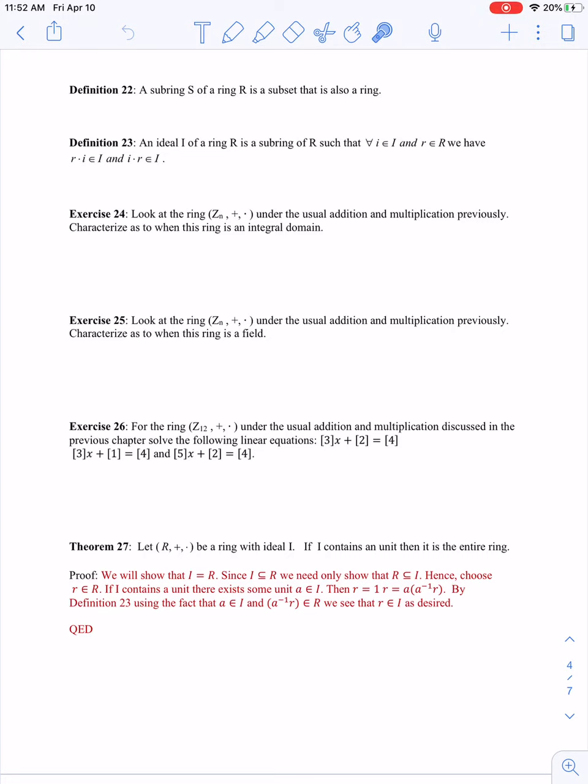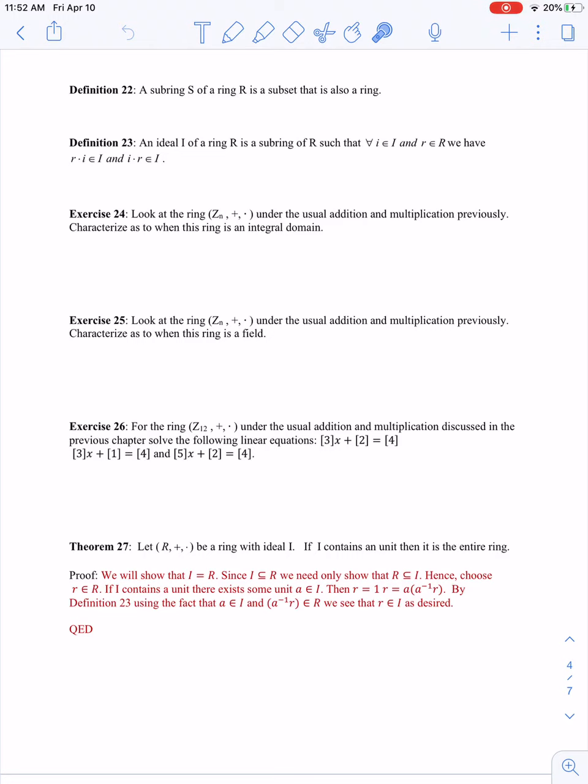Well, arithmetic works the same under Z12, aside from the fact that some elements, namely 3 in Z12, do not have multiplicative inverses. And if they do not have multiplicative inverses, then you just can't cancel or divide by 3.